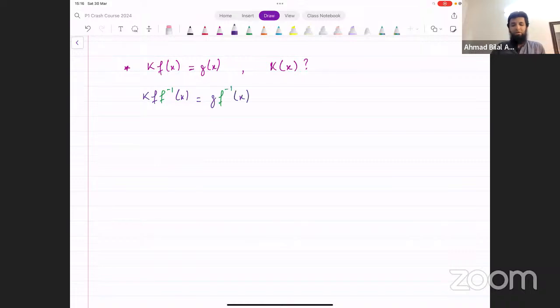On both sides of the equation, f inverse comes on the right side, right? So we have f inverse after kf, and we have f inverse after g here. Now on the left side of the equation, f and f inverse disappear, and we are left with k of x, and k of x equals g of f inverse of x. So if we had to find an expression for k of x in this case, that would be g of f inverse of x.